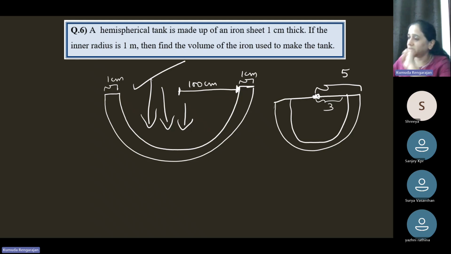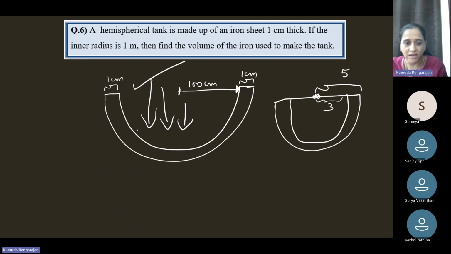From a solid hemisphere, if you remove a hemisphere with the same center but a smaller radius, the resultant solid is a hollow hemisphere, or a hemispherical shell. And that's what we have with us.